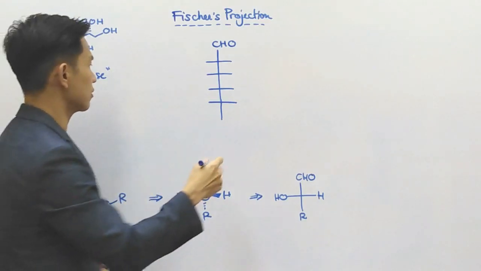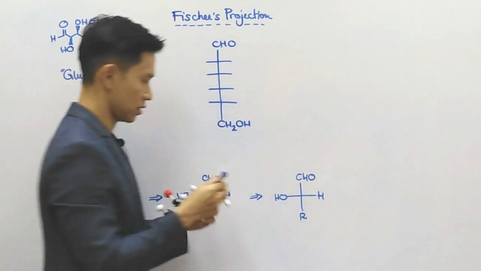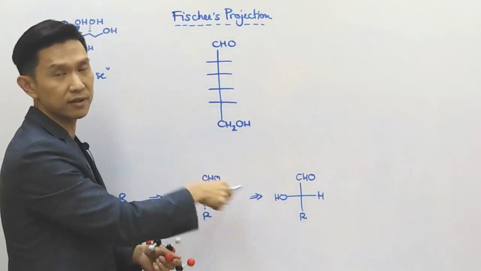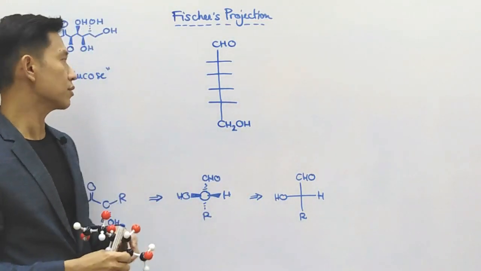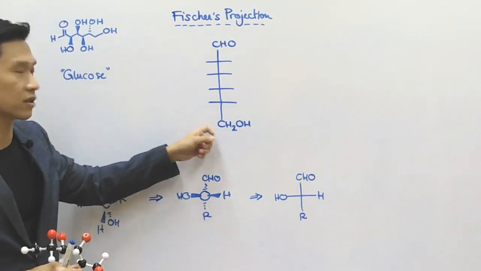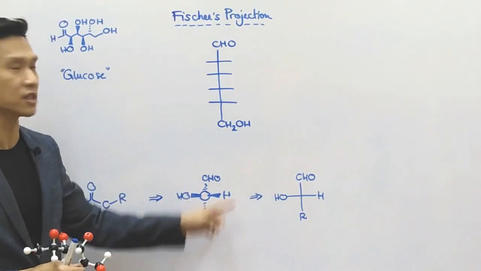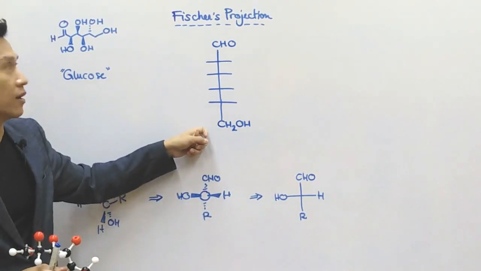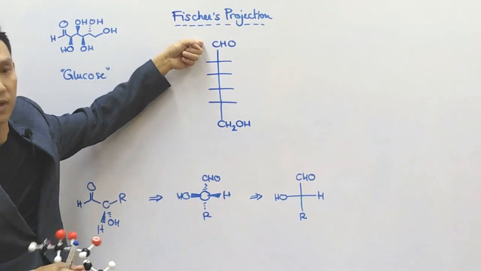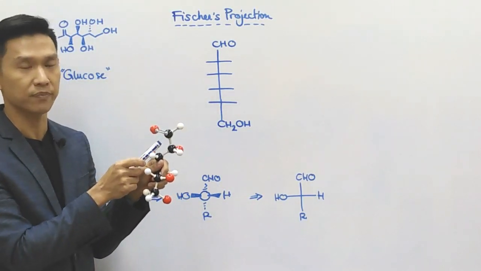So that means the OH of the last carbon has no meaning. You can draw it right, left, down, whatever. Because it is not a chiral center, we don't have to use Fischer projection for this carbon atom, and also for this carbon atom, right? Because this carbon atom is not a stereogenic center.